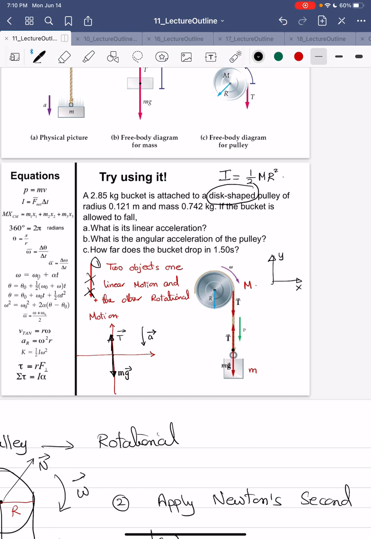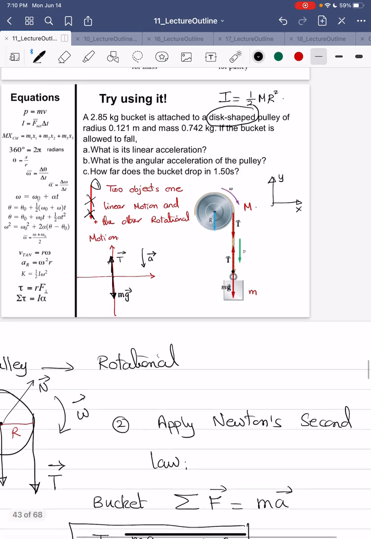If the bucket is allowed to fall, what is its linear acceleration? What is the angular acceleration of the pulley? How far does the bucket drop in 1.5 seconds? And sometimes we might also ask you about the forces, like calculate the tension or something like this.